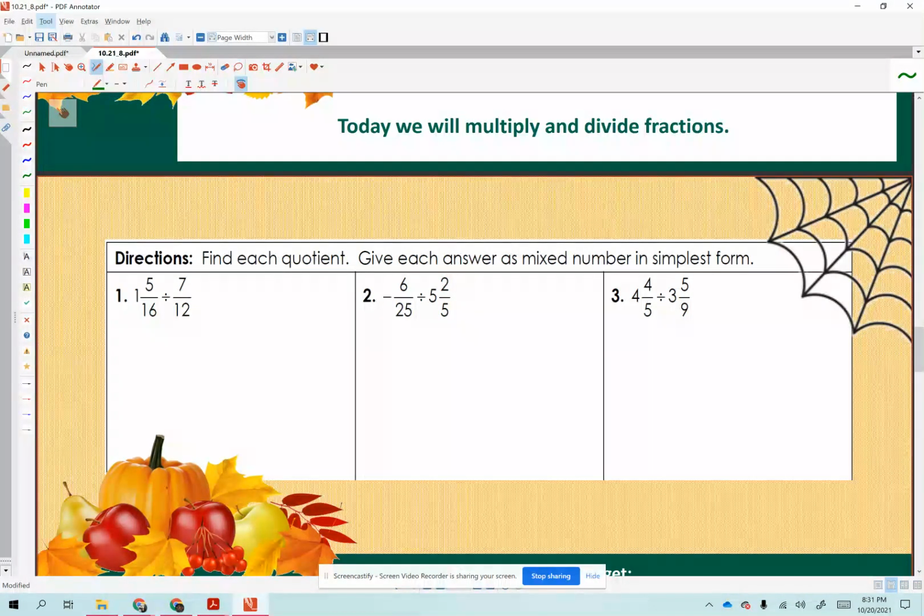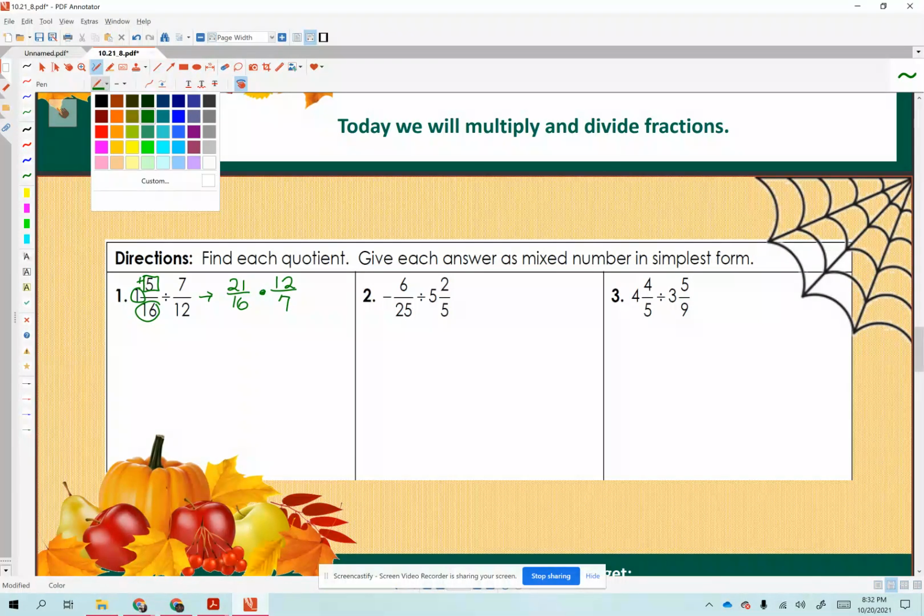So for number 1, we have 1 and 5/16 divided by 7 and 1/12. So first we convert to improper fractions. So 16 times 1 is 16, plus 5 is 21/16. And we change the division to multiplication, and we invert 7/12 to 12 over 7.